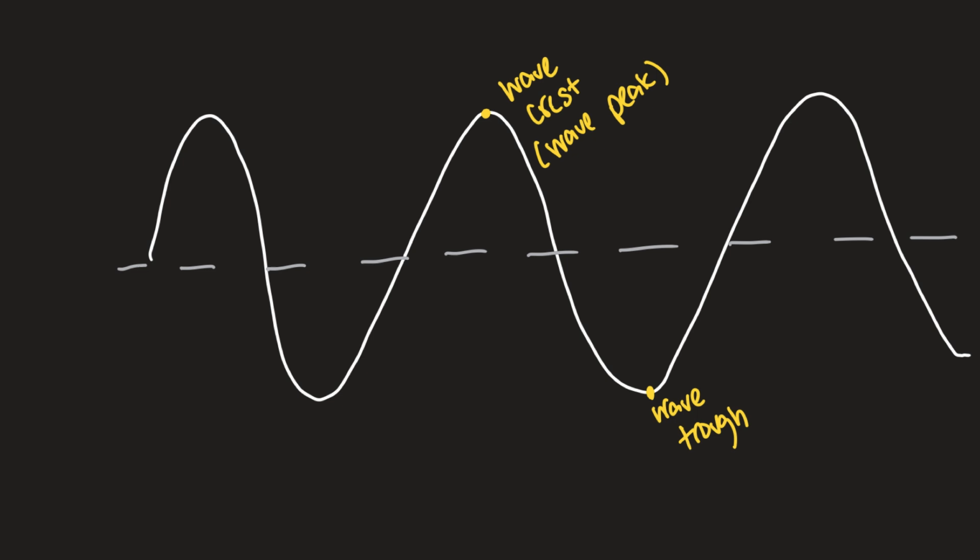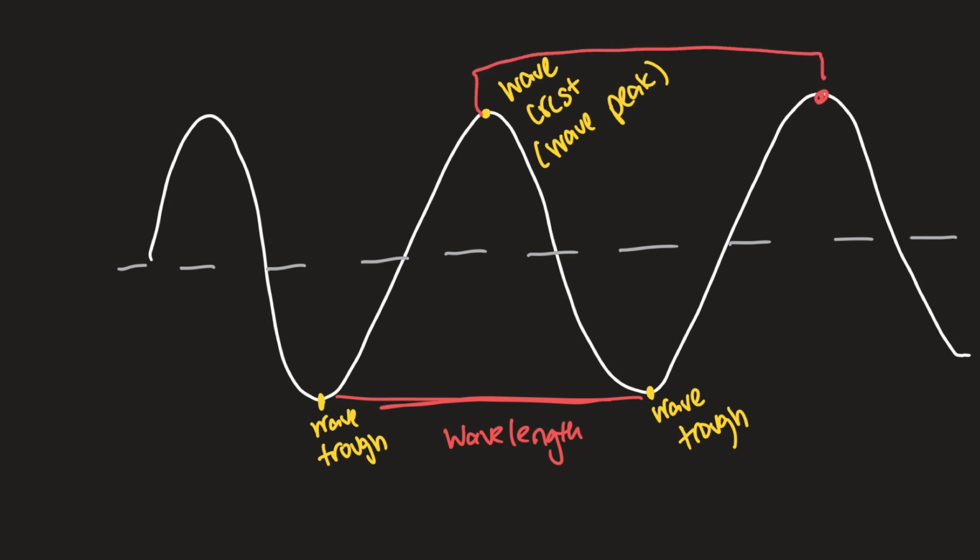Now, from wave trough to the adjacent wave trough, all right, we have what we call the wavelength, okay? And sometimes we may measure the wavelength from peak to peak. So this is also the wavelength.